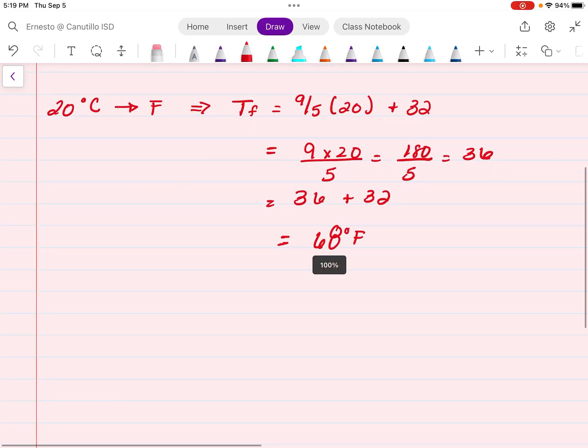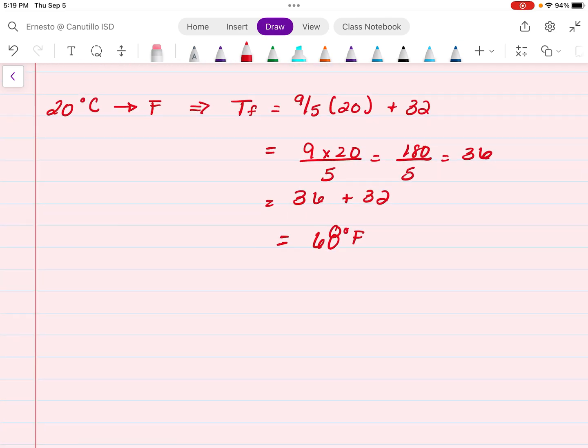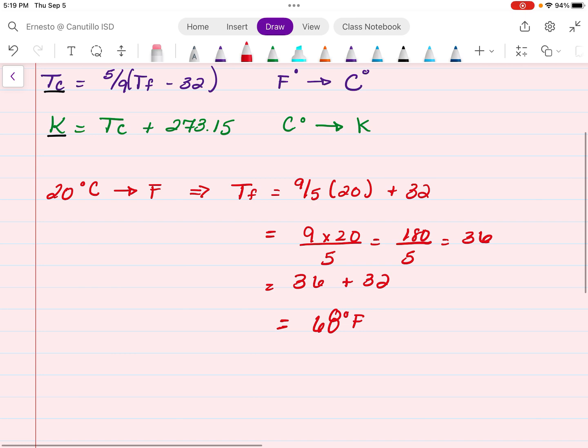Let's try the second formula. Now we're going to go from a temperature in Fahrenheit to Celsius. Let's pick 70 degrees Fahrenheit, and we're going to convert that to Celsius.